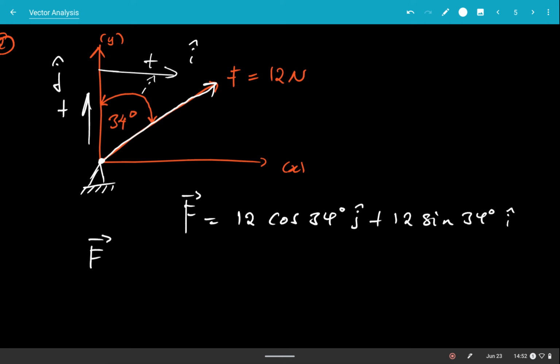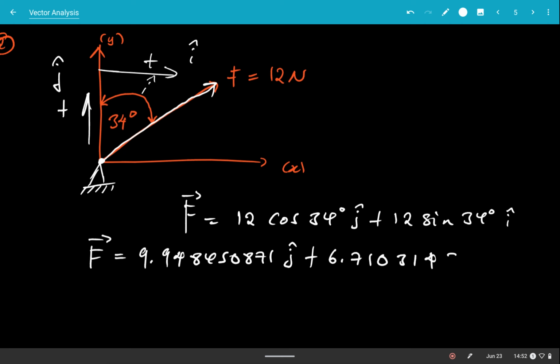If you compute this, you will get your values: 9.48450871 in the j, then 6.71031484 in the i.